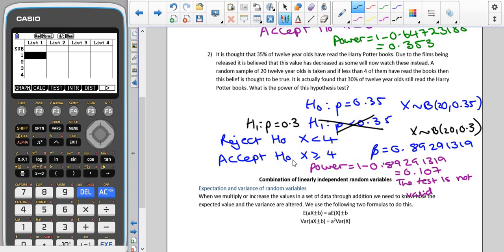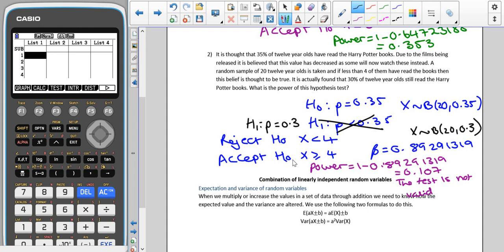We're told that our reject H0 criteria was that X was strictly less than 4, which means that our accept H0 criteria was that X was greater than or equal to 4. We are then told that the actual probability is 30%, so our H1 should have been that P equals 0.3.